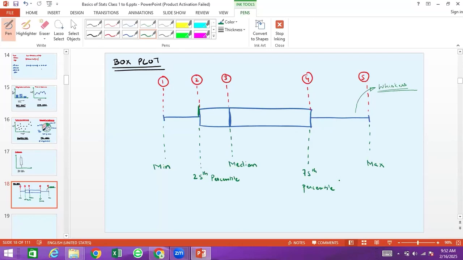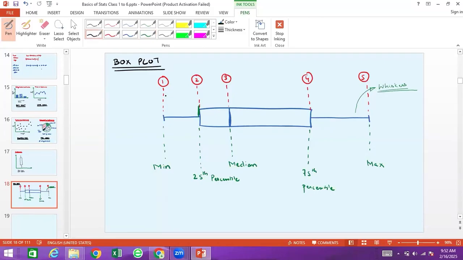So these 5 points that you see over here divide the population into 4 equal parts. We have 5 points, but we have 4 equal parts here. Equal part in terms of percentage population, not in terms of width.